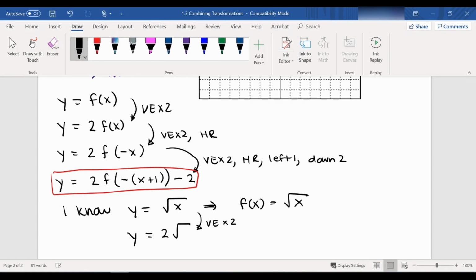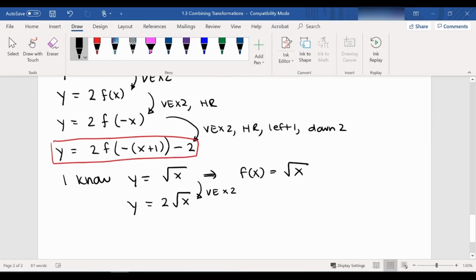I apologize. Okay. Then if I add in my horizontal reflection, this becomes 2 root negative x. Okay.